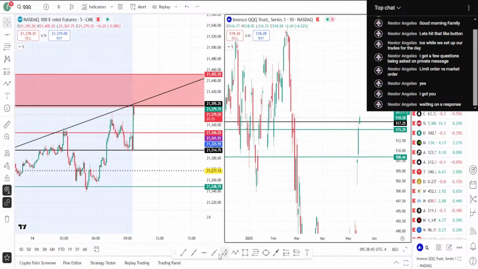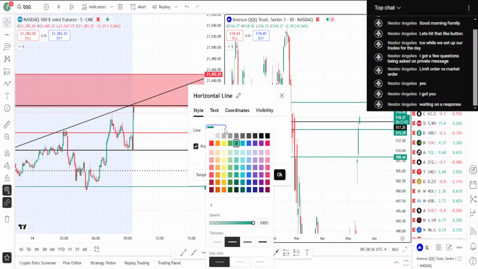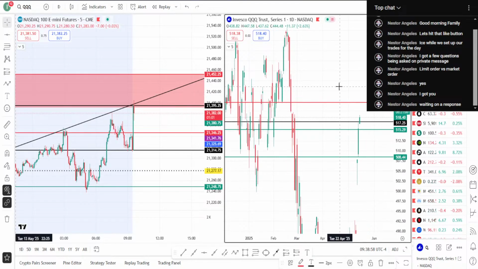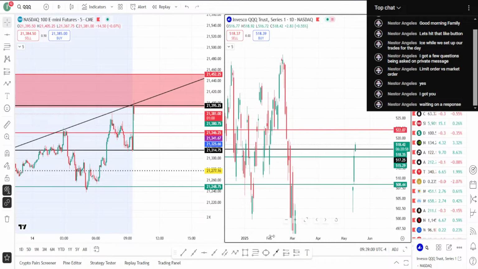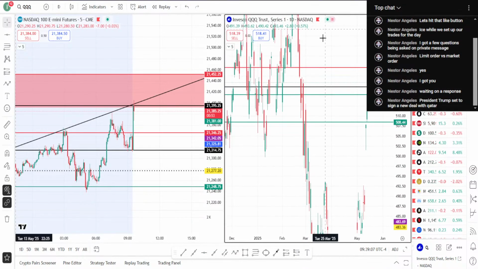See, we have potential support. I mean, resistance. It was used as support to be resistance over here. And then we got this high over here. I think that's pretty good for today.